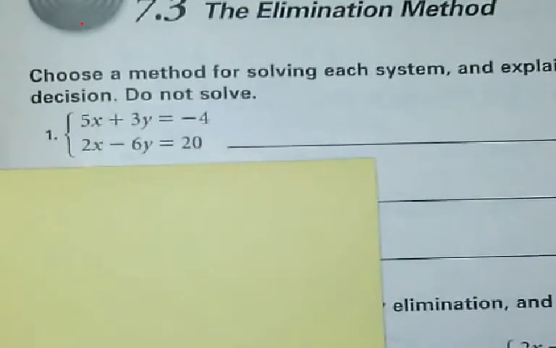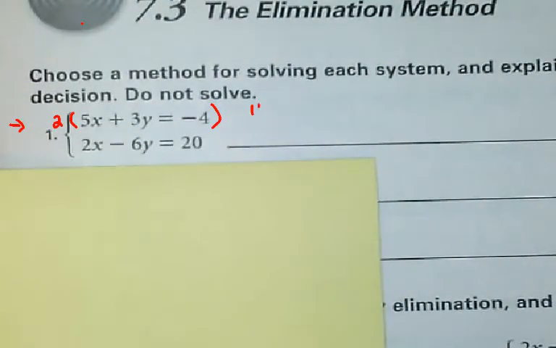Like in this question right here, I can see that it would be easy for me to make one letter go away if I multiplied the top row by 2. Look what I would get.